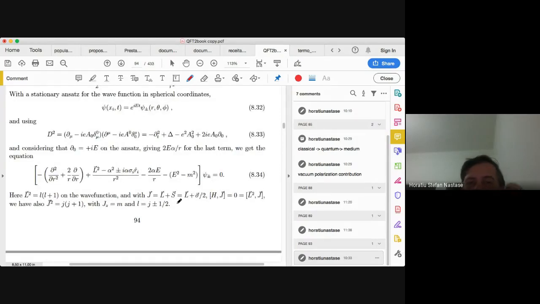L squared as before is L times L plus 1. But now we also have to consider the total angular momentum. J is L plus S, and J squared on the wave function is j times j plus 1.